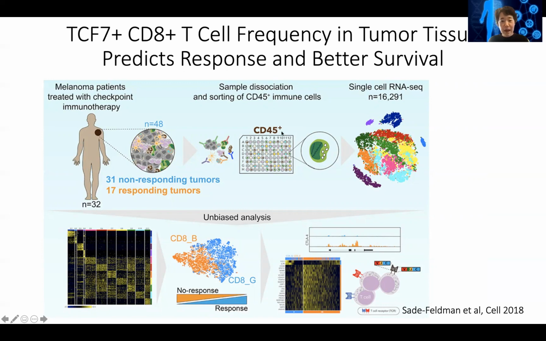And they selected all the immune cells for single cell RNA-seq analysis. And then they asked, what are the differences between the CD8 T cells from those responding tumors versus those non-responding tumors? So this is the CD8 T cells from the bad patients versus the good patients. So they assumed that CD8 T cells are different between the responders and non-responders.